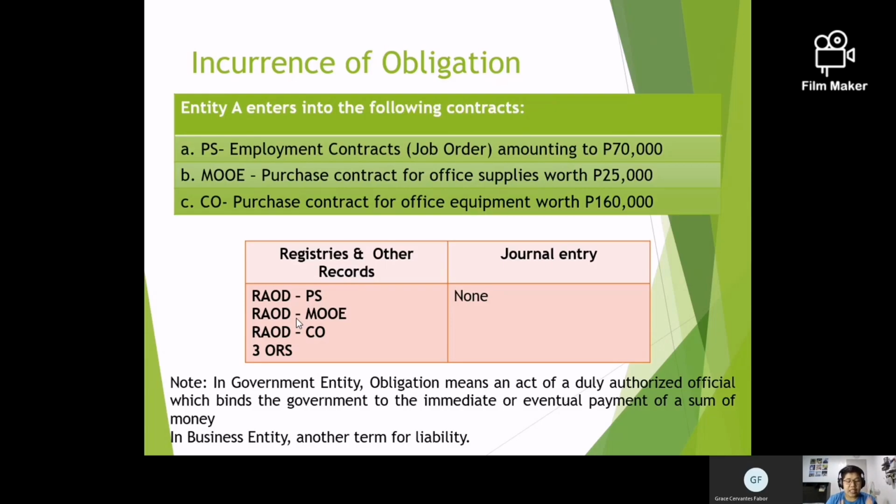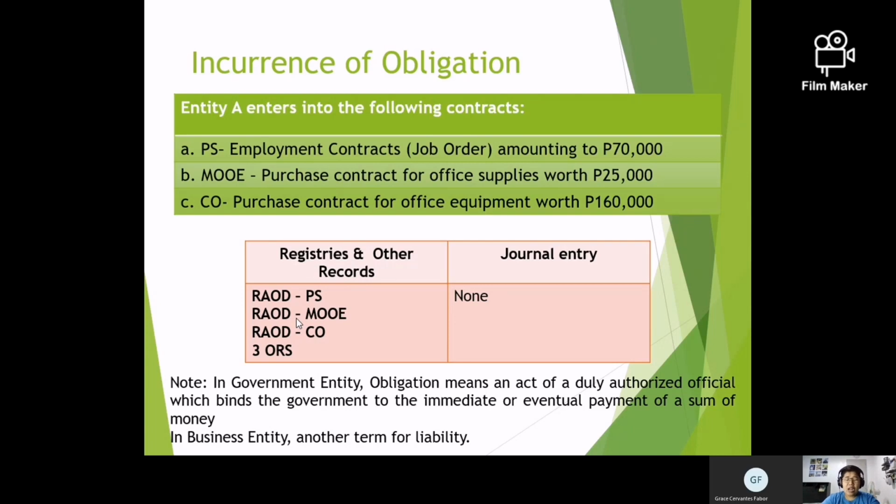That is what we call incurrence of obligation in the government. While in business entity, it is also term for liability. Kasi sa commercial, pag sinabi natin meron ng obligation, nagre-record na agad tayo, payable. Dito, wala pa. Yan, meron palang kontrata.